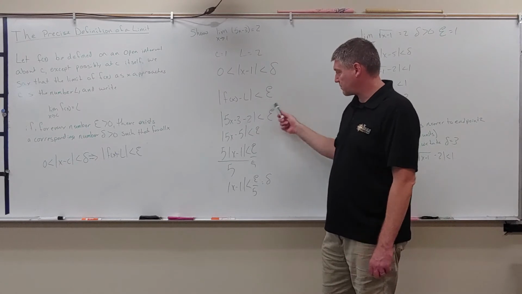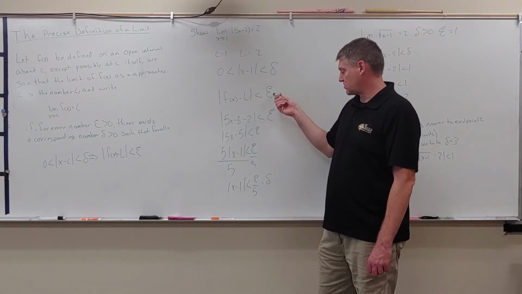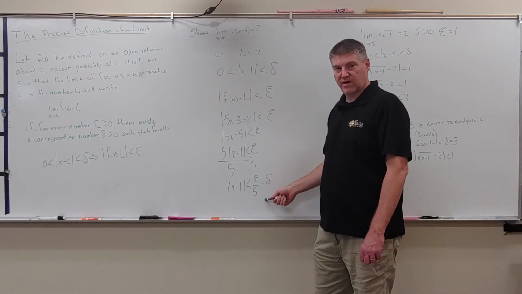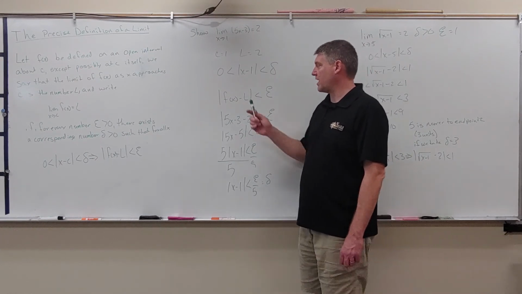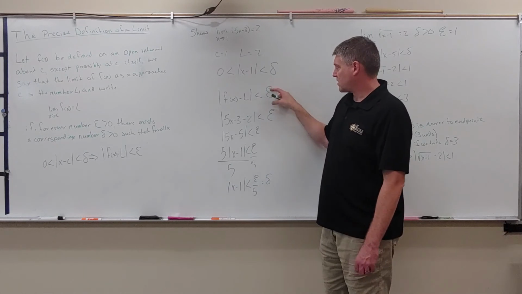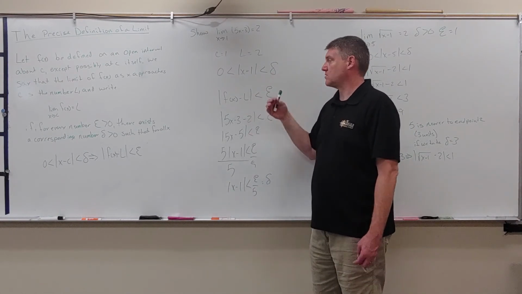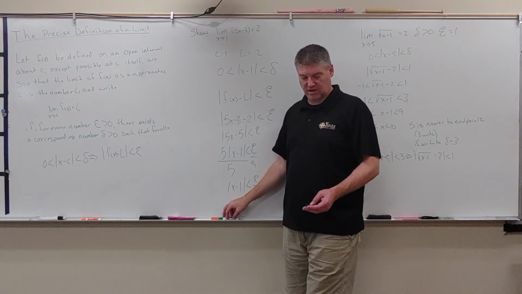If they give you an epsilon, you work back. So for the first one, if I said epsilon was 1, now I know delta is 1/5. Okay, and that's what that formal definition is trying to get. As we get closer and closer, our epsilon's getting smaller and smaller, our delta's going to get smaller and smaller. So that's the precise definition of a limit.